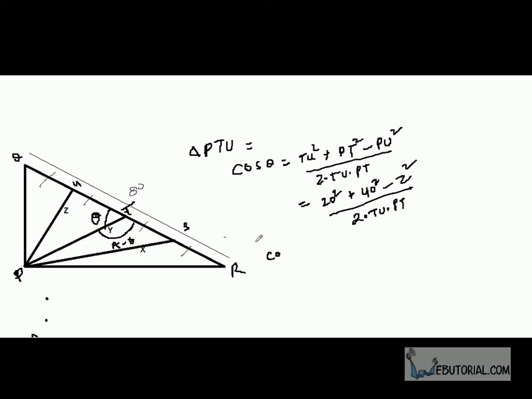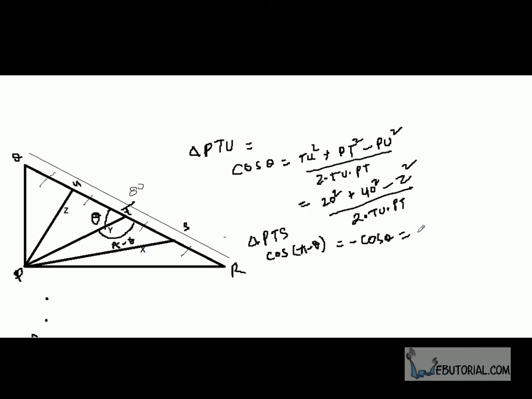Okay, writing it down for triangle PTS, cos of pi minus theta, which is nothing but minus of cos theta, from trigonometry. I told you guys earlier, this is something that engineers would love. Not particularly engineering involved, but still.